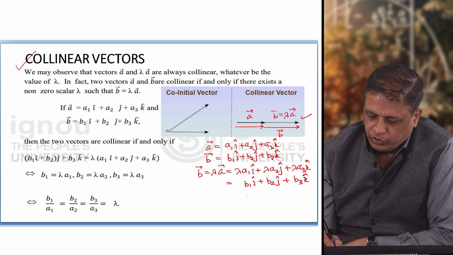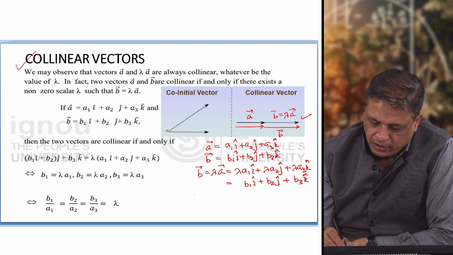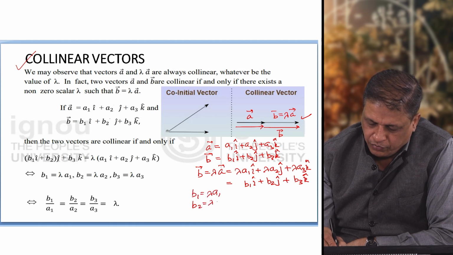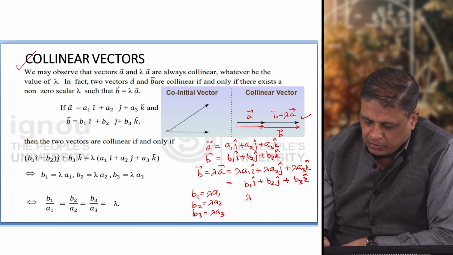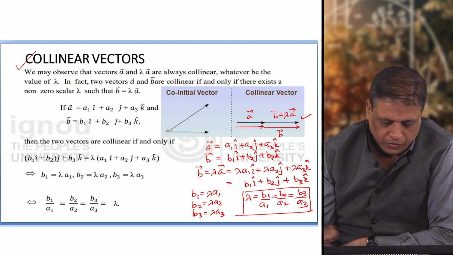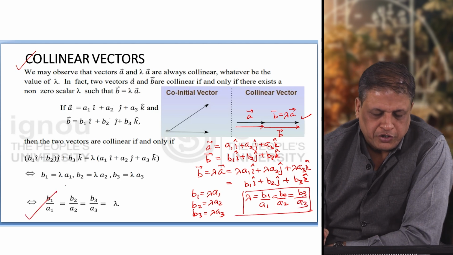Comparing the components of the unit vectors, you can always say that B1 is equal to lambda A1, B2 is equal to lambda times A2, and B3 is equal to lambda times A3. So you can always say that lambda is equal to B1 by A1 is equal to B2 by A2 is equal to B3 by A3. This is the expression which you get.